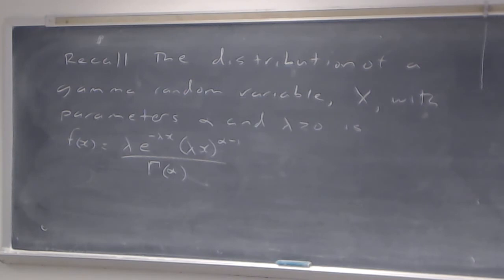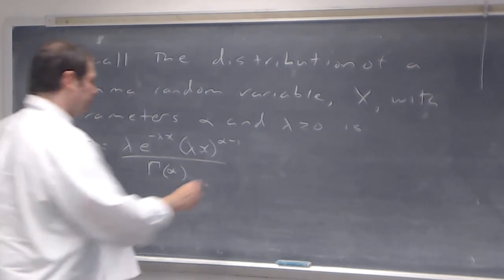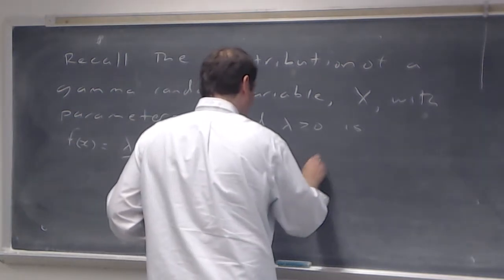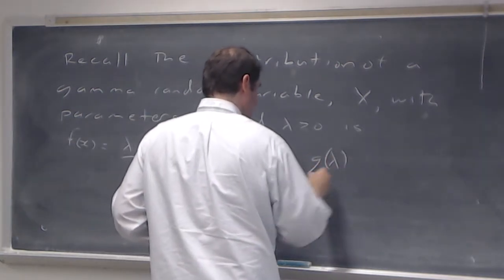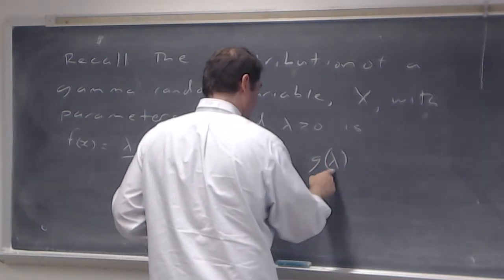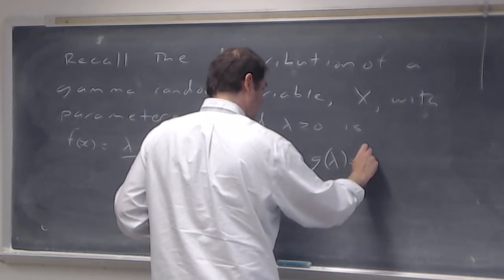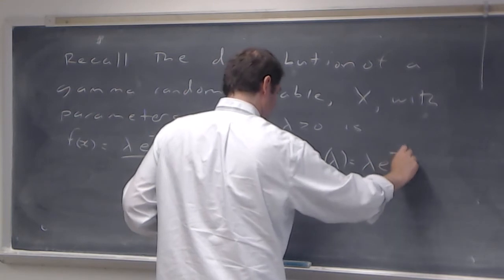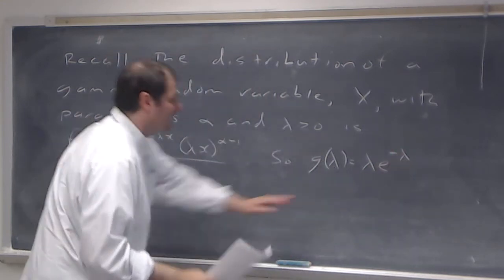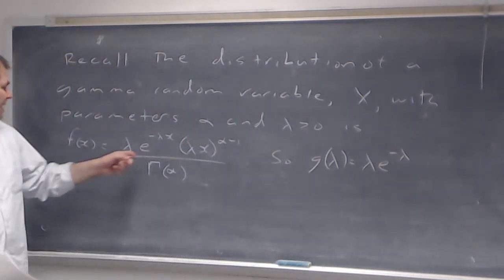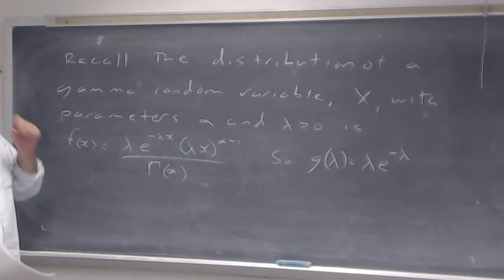Okay? And so what we had was g of lambda, we had lambda was gamma distributed. And that was equal to lambda times e to the minus lambda. The lambda over here is playing the role of x. Okay?